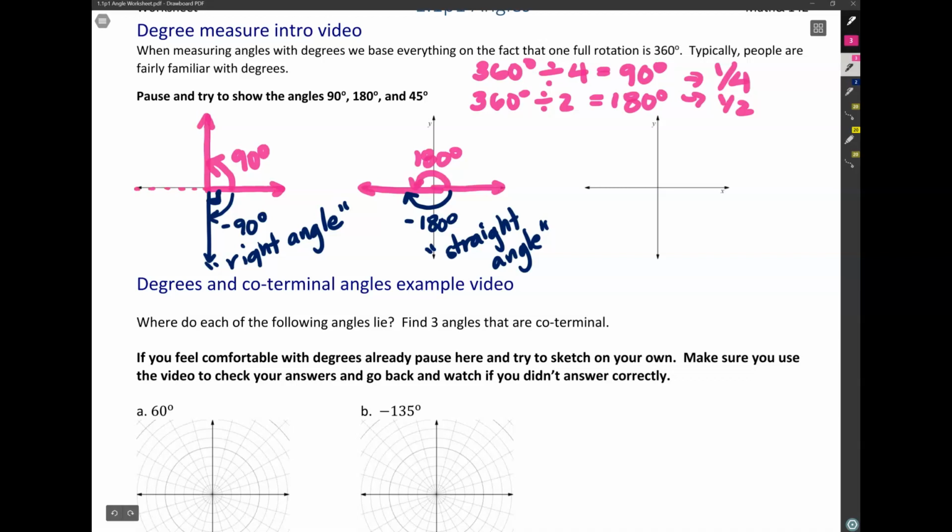45 degrees, off the top of my head, I don't know a special name for this one, but it is a really nice angle to be comfortable with. Notice that 45 is half of 90, so we know that this would give us 90 degrees. If we went half that rotation, it should go exactly straight down the middle. That's probably not perfect, but it's my best attempt. Of quadrant 1.